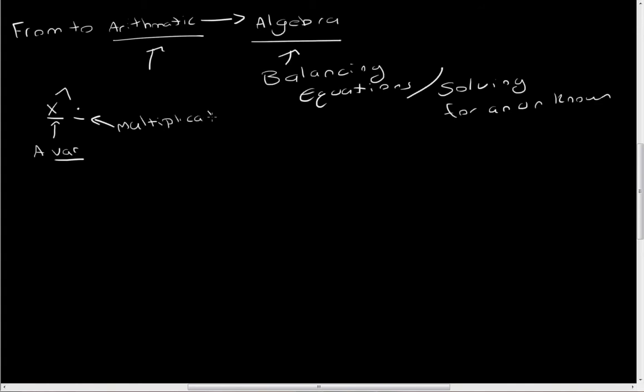This is very important: in algebra, we are no longer using an x for our multiplication sign. We're either just using a dot, or we're simply putting a letter right next to it to symbolize multiplication. There's other ways to symbolize it, such as putting parentheses around it.